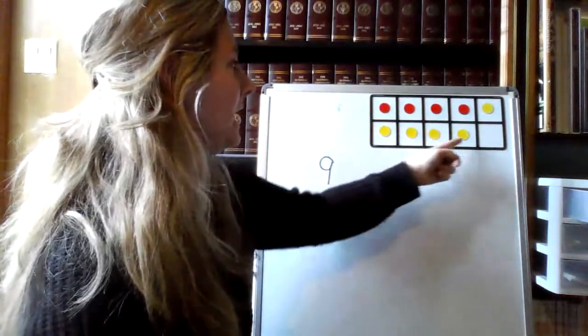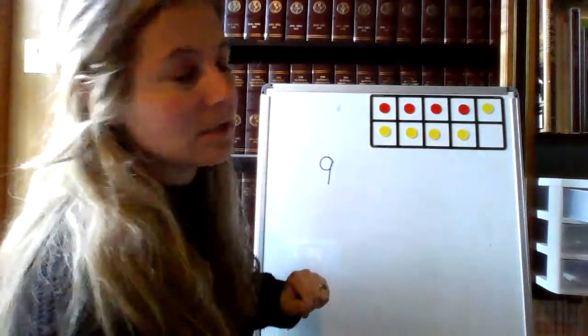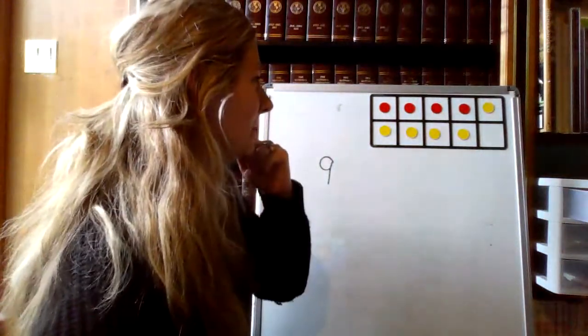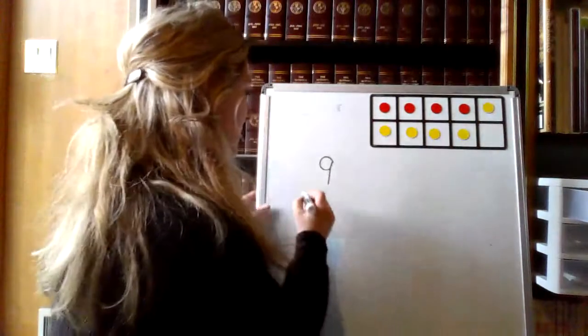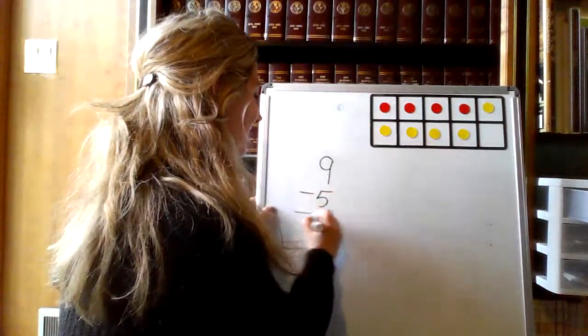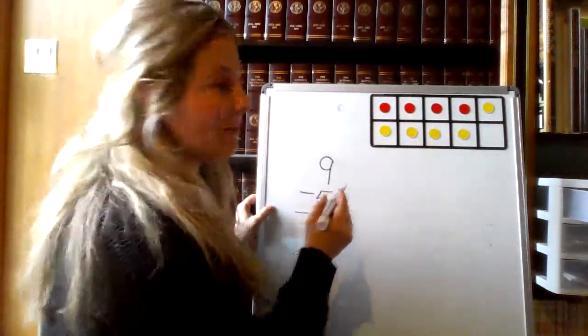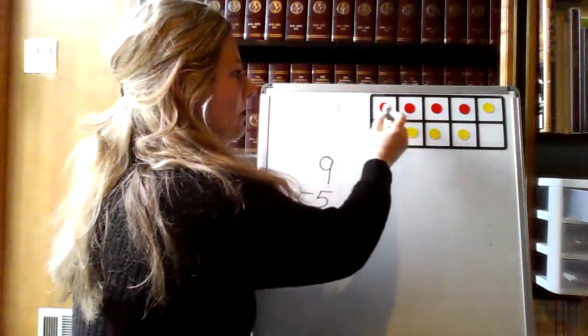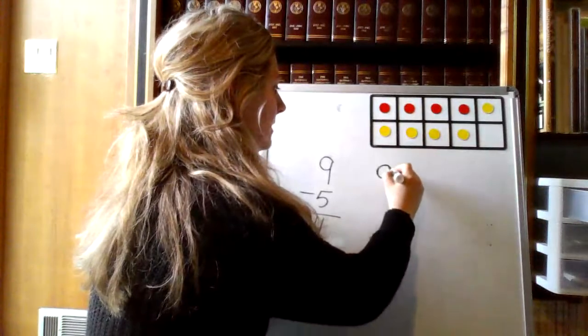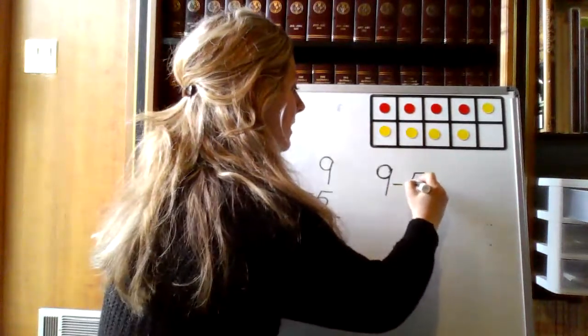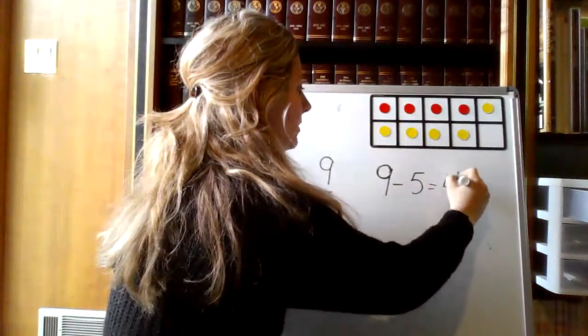Because there was one less than 10. I'm going to take away the yellow ones. So how many am I taking away? 1, 2, 3, 4, 5. I'm going to take away 5. And how many am I left with? 1, 2, 3, 4. So 9 take away 5 equals 4.